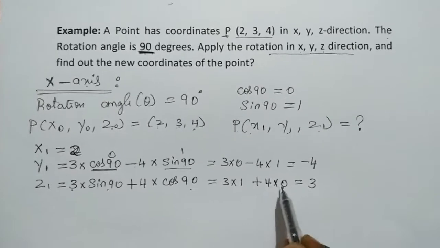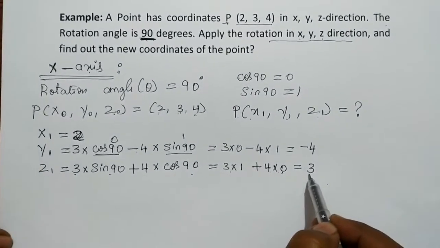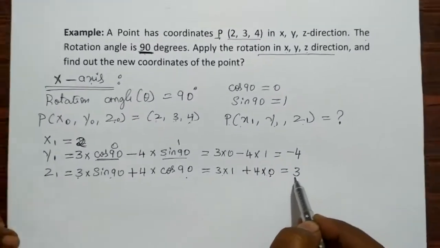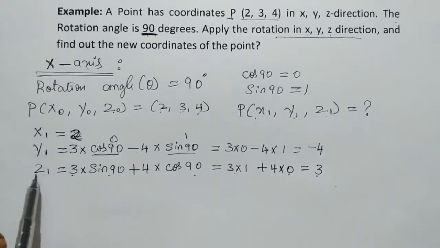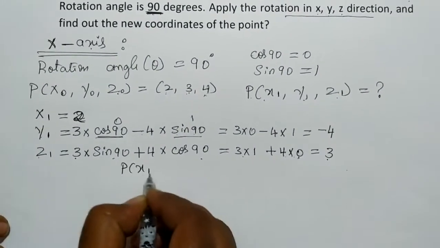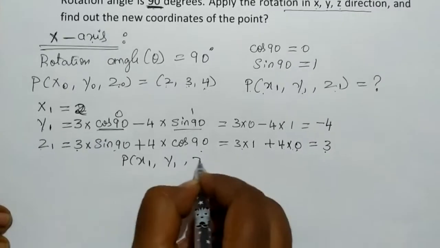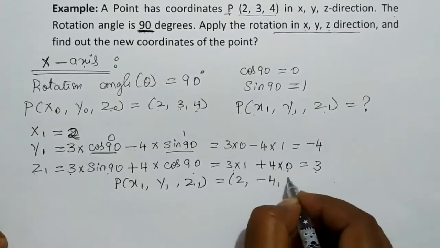According to this mathematical expression, we get 3. So after rotation of the point along the x-axis, we got the new values x1, y1, z1 as P of x1, y1, z1 equal to 2, minus 4, 3.